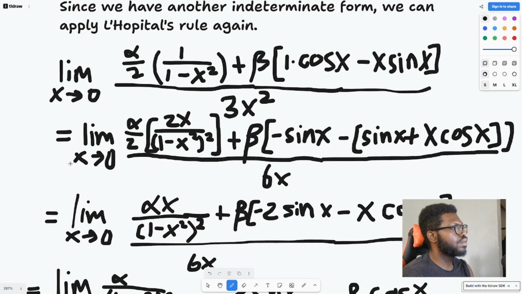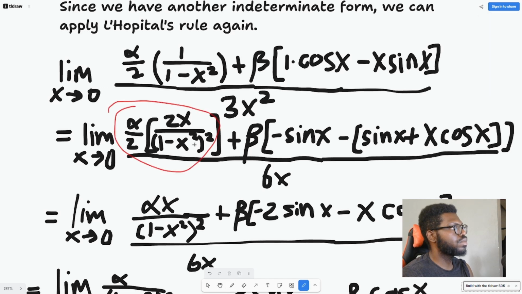Now, the following step, I just rewrote and simplified what we had in the previous step. The alpha over 2 times 2x over 1 minus x squared. Well, these 2's are going to cancel. So we end up with alpha x over 1 minus x squared squared. We're going to combine this negative sine x here.